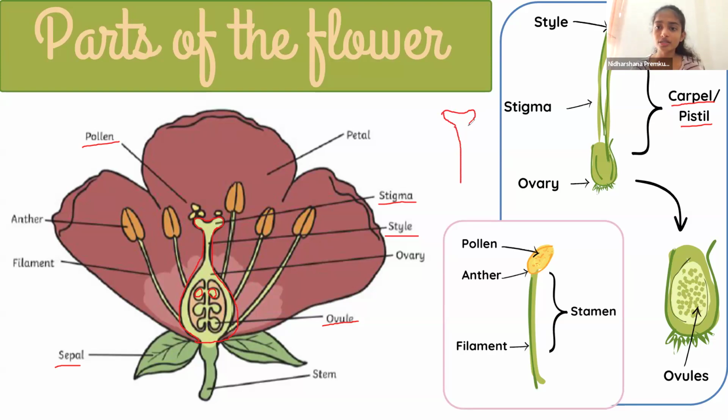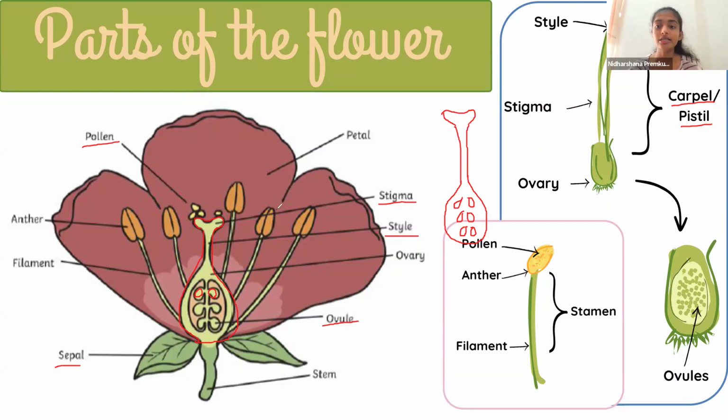The tube-like structure is called the style, and the bottom part is called the ovary, and the middle part, which is not drawn here, is the seeds, or in other words, ovules. Those are the three main parts of the female part of the flower. I told you earlier, there's only one of these in one flower. There's not many. You can only see one of these in a flower.